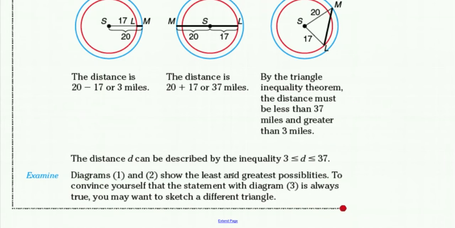We're now checking our answer. To convince yourself that the statement with diagram 3 is always true, you may want to sketch a different triangle. That's one way of checking it. So this is now a possible inequality we can pose for the distance between Maya's and Luis's homes.